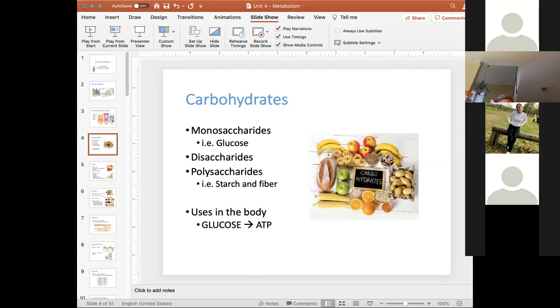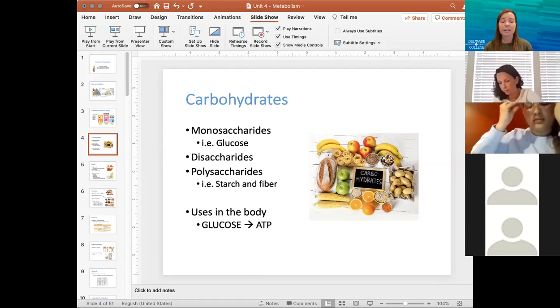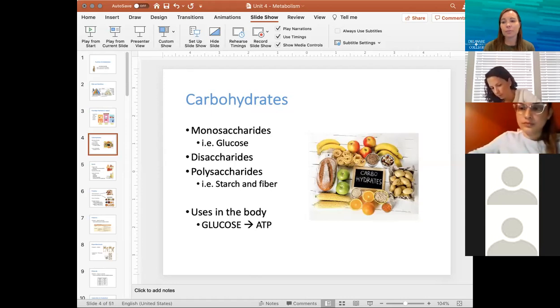But soluble fiber, the other type, is found in several different sources. It's found in fruit, it's in apples and oranges. And that can be digested, unlike the insoluble fiber.